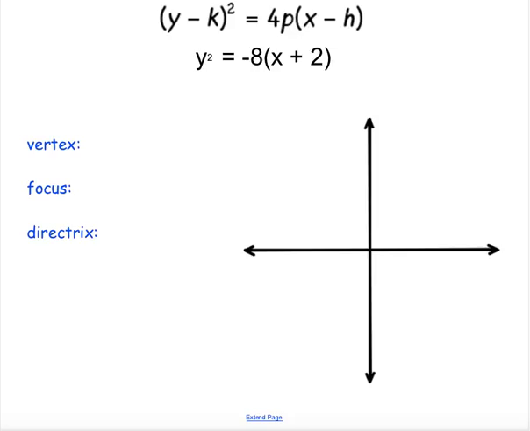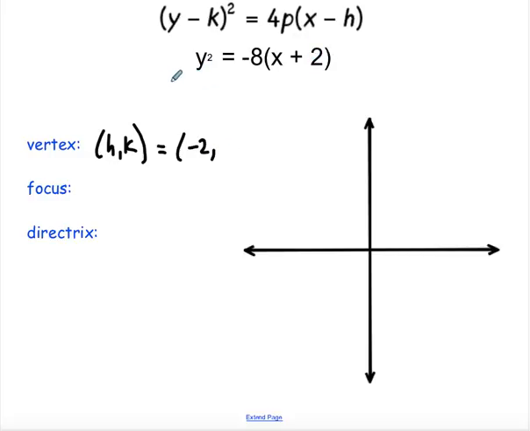So let's try an example here. So here's our equation. We're going to write what our vertex is, focus, directrix, and draw the picture. So remember that the vertex is always HK. H always goes with the x's. So in this case, H is -2 from over here.